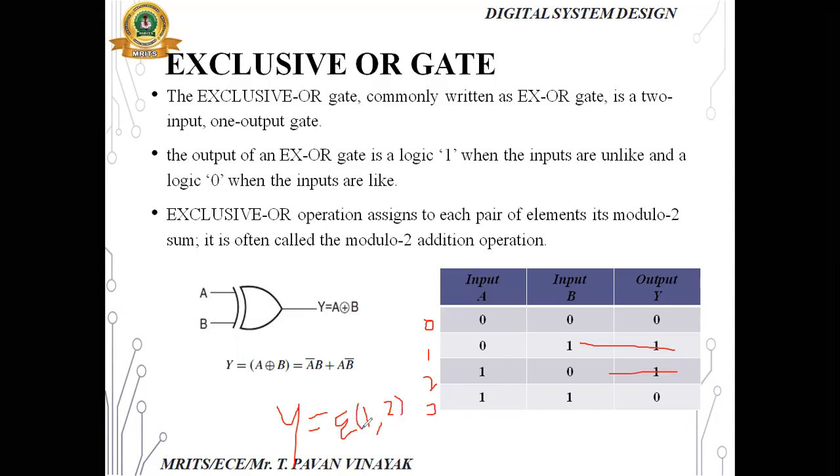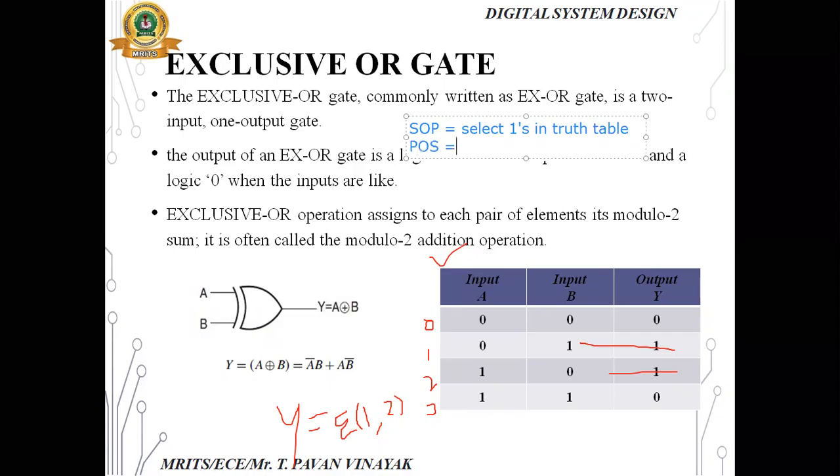Okay, using truth table we can write Boolean expressions. Listen, if you want to write in SOP form, SOP form means select ones in truth table.